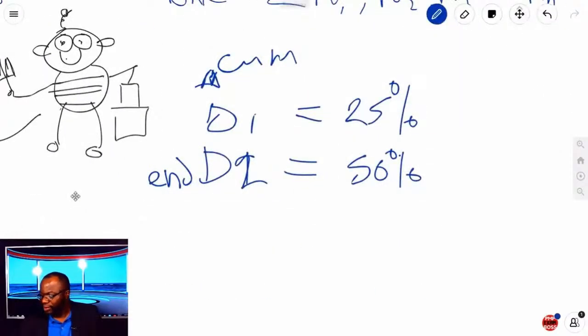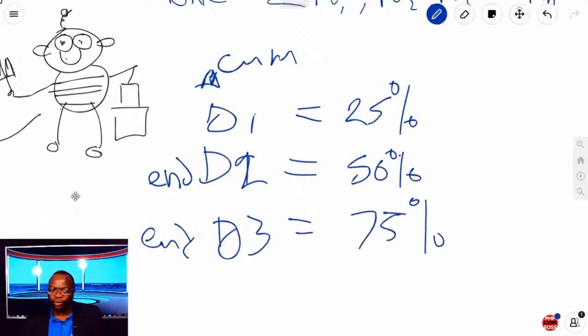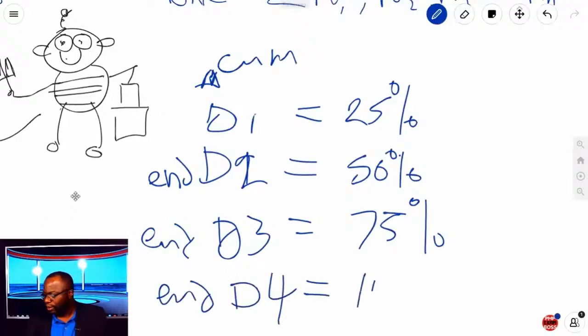At the end of day 3, again, he would have gotten 75% of the work done. And at the end of day 4, he would have gotten 100%.